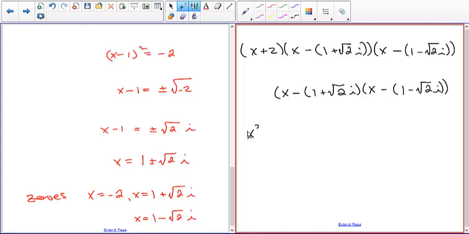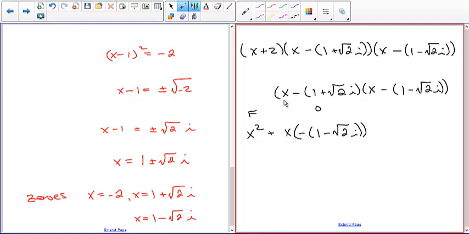So first you'll get x times x, which is x squared. That's F. O is next, outer. So you get x times that, which is going to be negative the quantity 1 minus the square root of 2i.